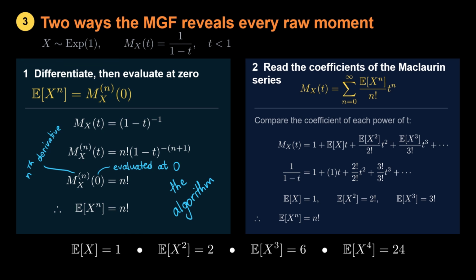But a way more elegant and comprehensive way of obtaining the moments is to write out the Maclaurin series of the MGF and then read off any raw moment of interest right off that series as easily and as readily as picking a low-hanging apple from a tree.